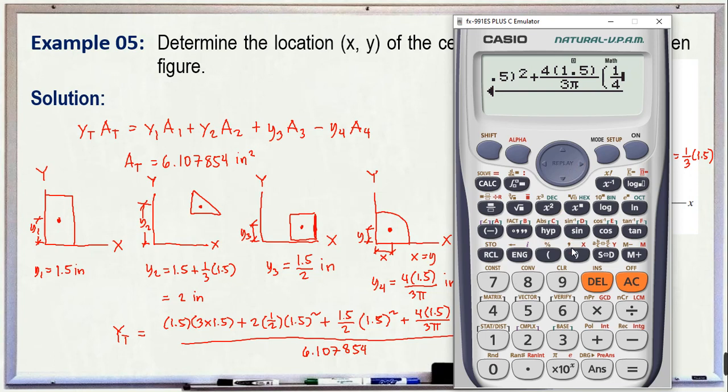This is the area of the quarter of a circle, shift pi times 1.5 square divided by 6.107854. Okay, the answer is 1.93.